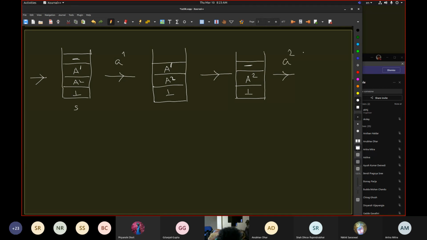The second so-called second A comes. So once again, removes this lead after consuming this, and it sees capital A. So instead of pushing a new capital A, it simply pops this out, and replaces the top by the separator.